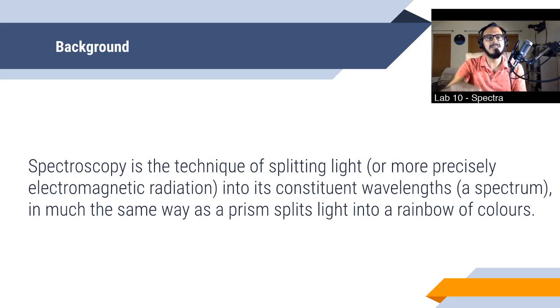Spectroscopy is a technique of splitting light, or more precisely electromagnetic radiation, into its constituent wavelengths, a spectrum, in much the same way that a prism splits light into a rainbow of colors.